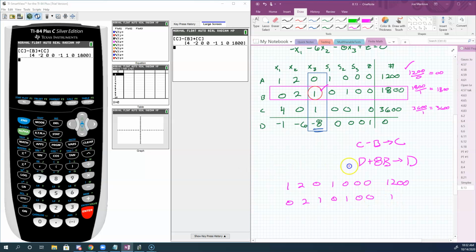And it already had a 1 in it. Okay, and this 1 is still my pivot, right? Oops, and I was writing in pink. And so row C became 4, -2, 0, 0, -1, 1, 0, 1800.